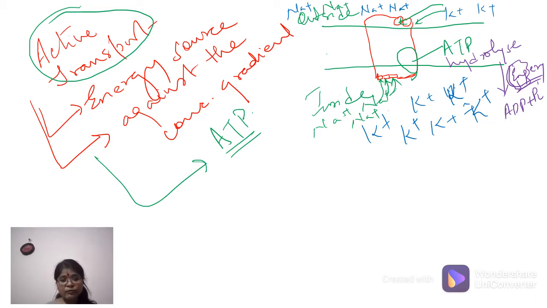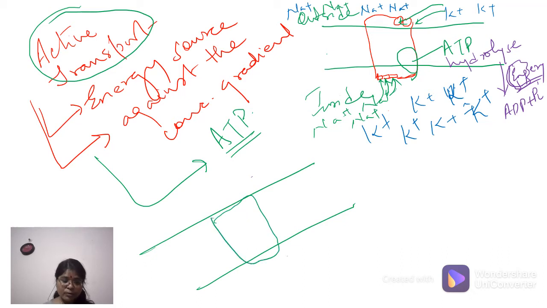This molecule will cause your three sodium molecules to move out of the cell, and two potassium molecules will move inside your cell.